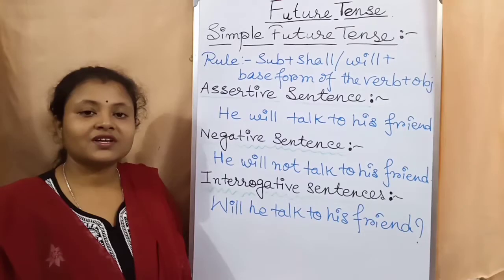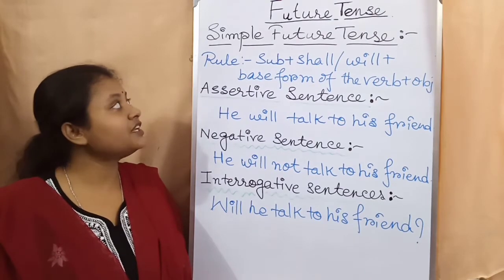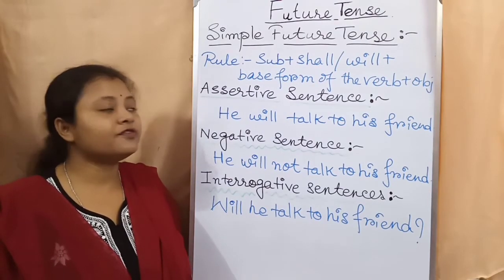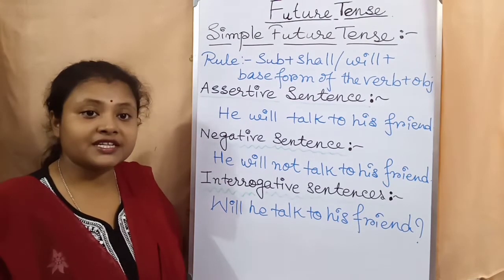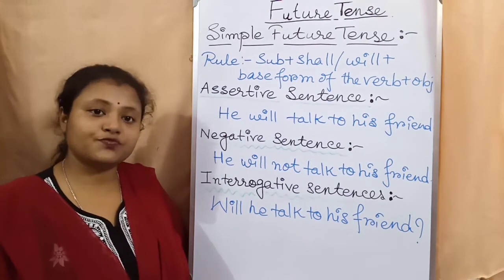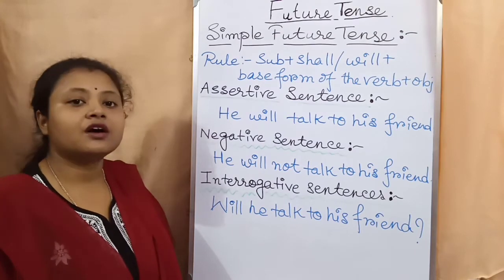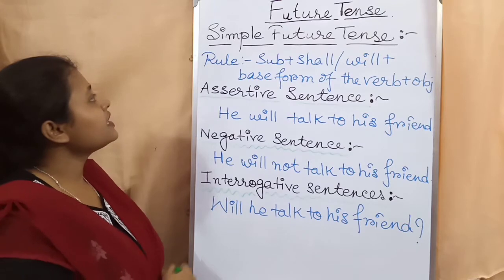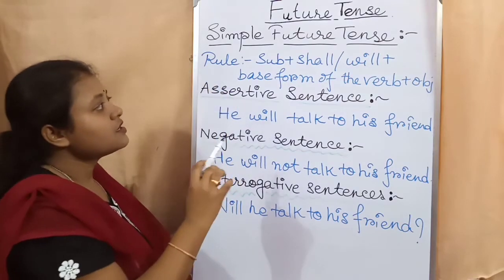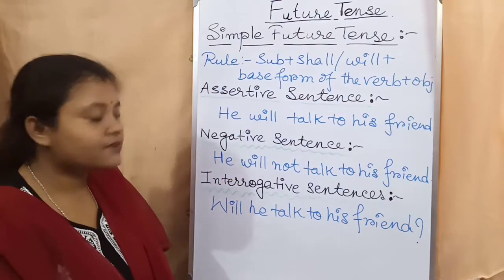future. Now students, let me tell you about the rule of simple future tense. How will you write a sentence in simple future tense, or future indefinite tense. Now let's look at the rule over here. First you have to write the subject.